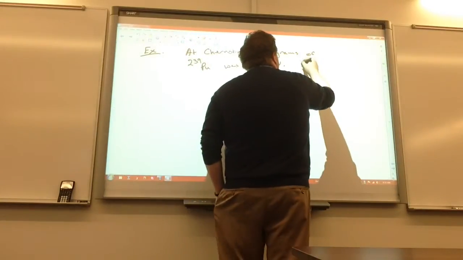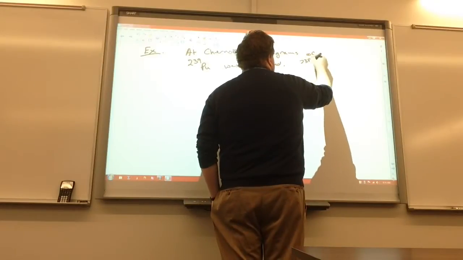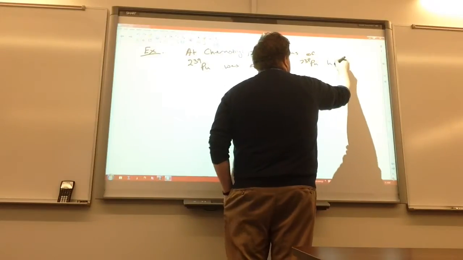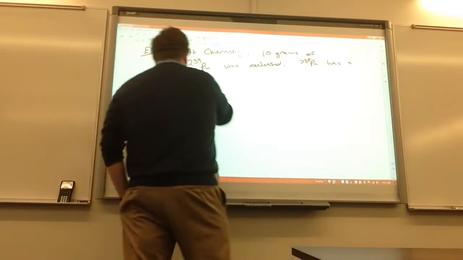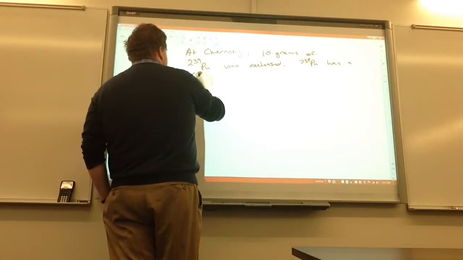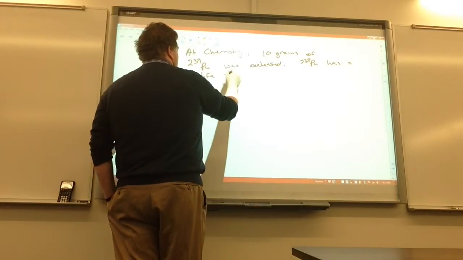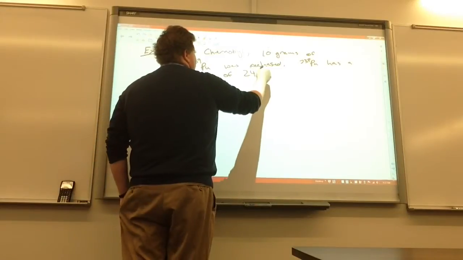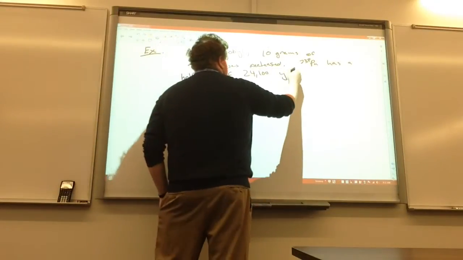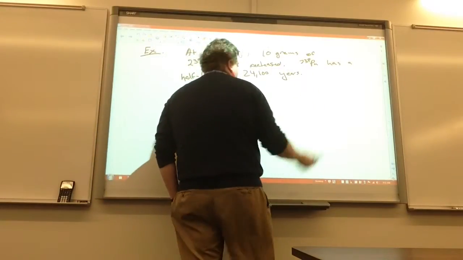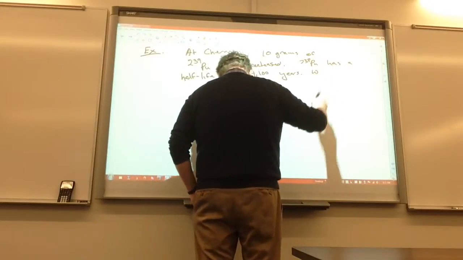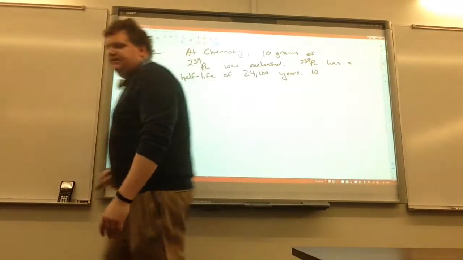Plutonium-239 has a half-life of 24,100 years. How long will it take for there to be 1 gram?